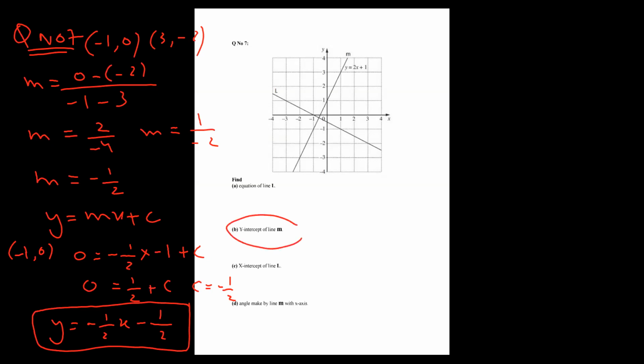Part B: y-intercept of line m. Where is line m? Line m is here. It is cutting the y-axis at 1. So no need to work out, directly the answer. We can see here that the y-intercept for line m is visible. It's cutting where x is 0 and y is 1.